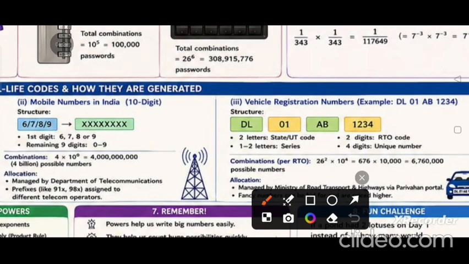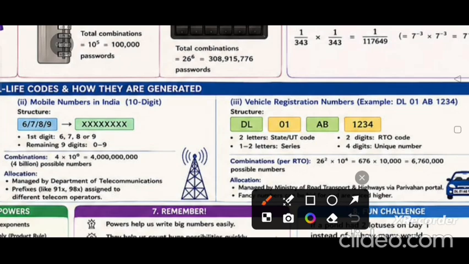Then next 2 digit is assigned by RTO. RTO means Regional Transport Office. And then 2 letters is the series, and last 4 is the unique number of the vehicle.